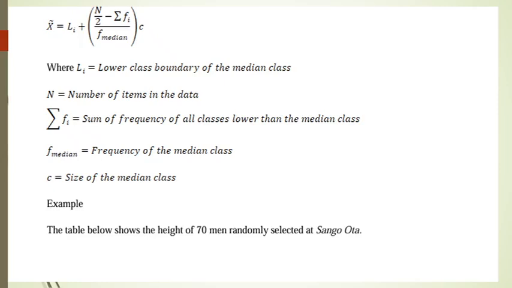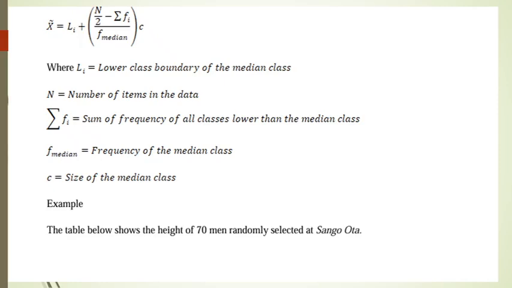Also, we have median for grouped data. All those ones are for ungrouped data. The formula for estimating median for grouped data is Li plus, in brackets, n over 2 minus summation of Fi over F median, all multiplied by C, which is the size of the median class.